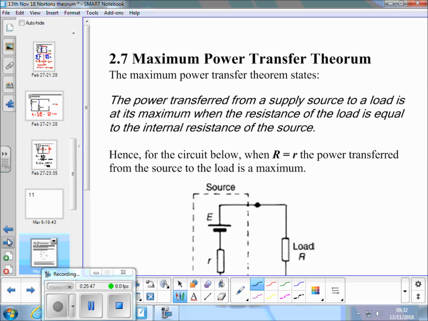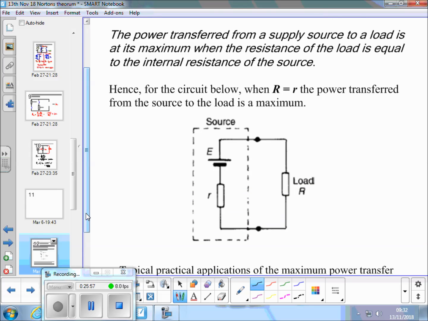If you were talking about an AC circuit, you would replace resistance with impedance. Hence, for the circuit below, when the load resistor R is equal to the internal resistance of the source, little r, then the maximum power will be transferred from source to load.